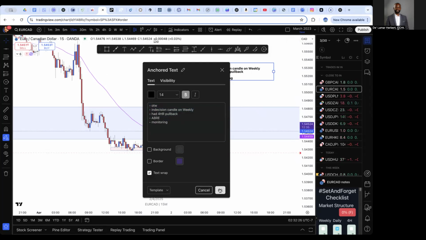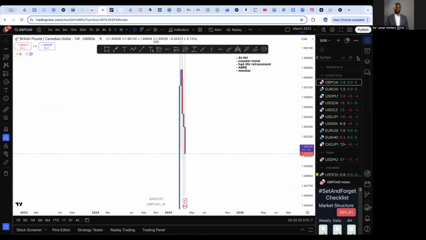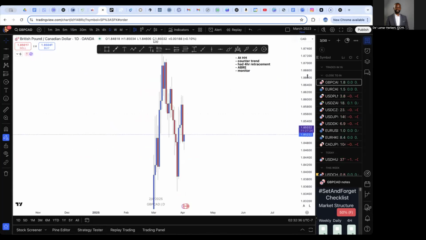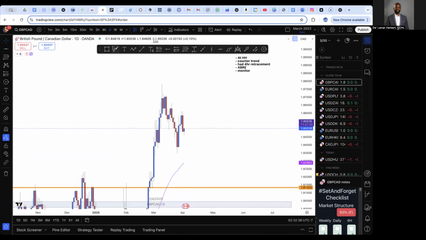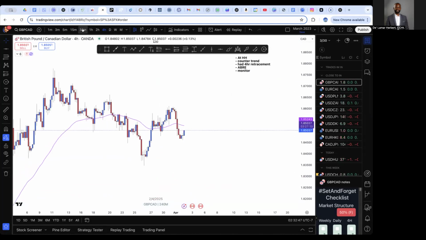Last but not least, GBP CAD. Currently, weekly has had its pullback. Daily has already had its pullback, and then 4-hour is making another pullback here. So this is good.